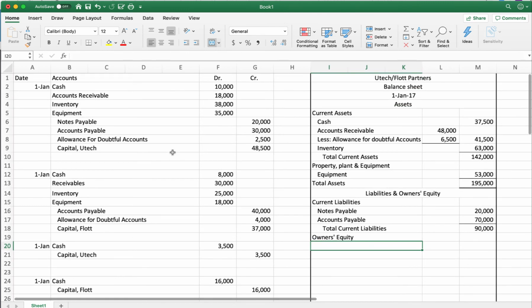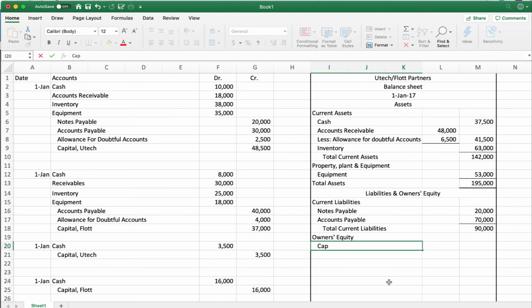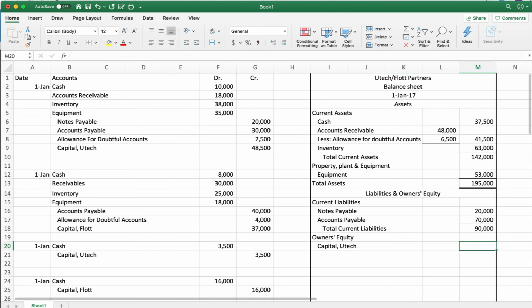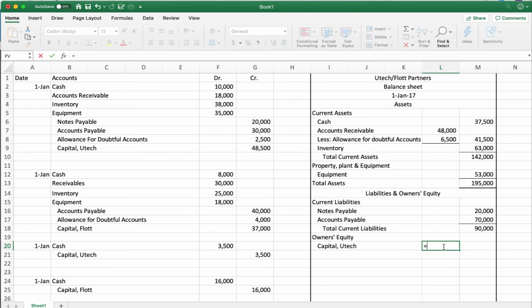Pretty easy. So we're going to indent once, and I'm going to type in capital, comma, UTEC, and I'm going to come to my center line here, the L column, and I'm going to add up all the journal entries in which we either debited or credited capital UTEC.